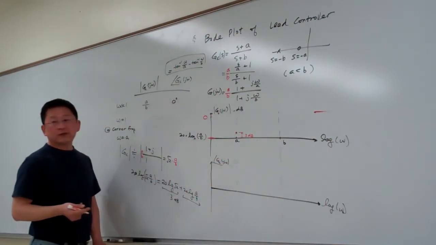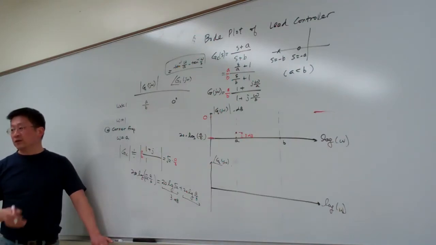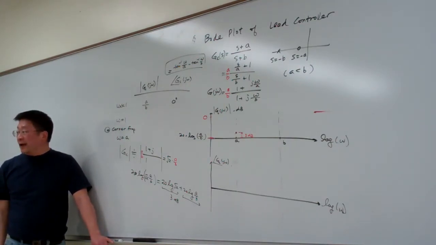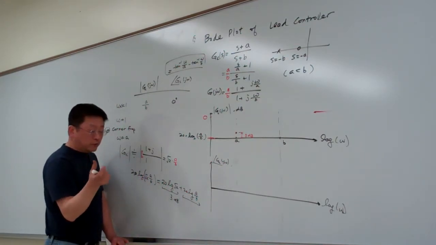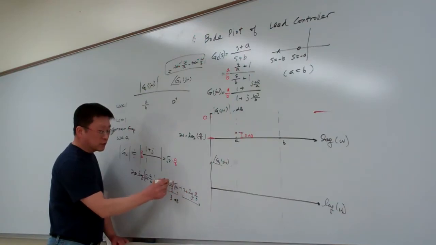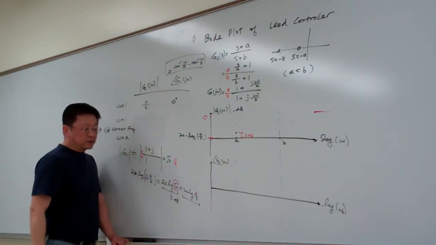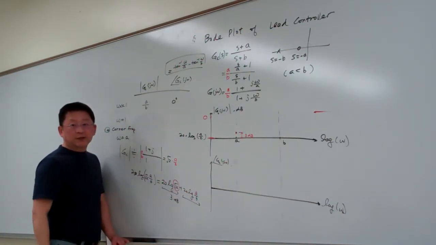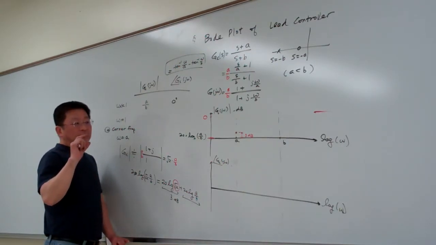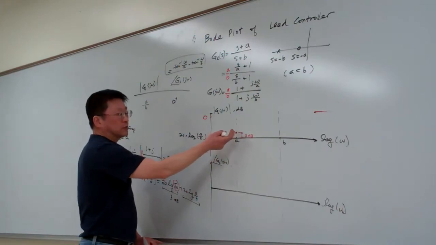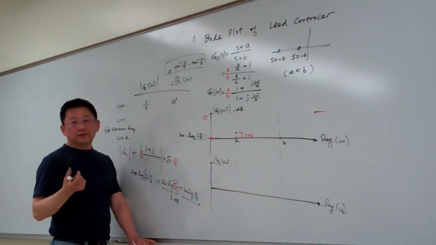And I told you 3 dB is a magic number in frequency domain analysis, and it is based on this calculation. Whenever you have the magnitude equal to square root of 2, that corresponds to 3 dB. At the corner frequency, the difference between the asymptotes and the exact value is 3 dB.